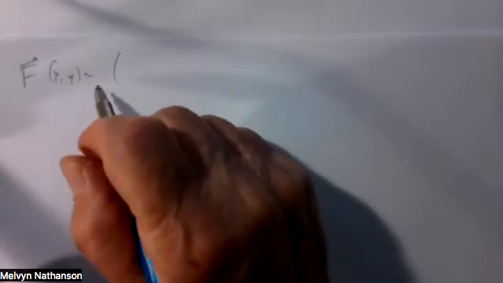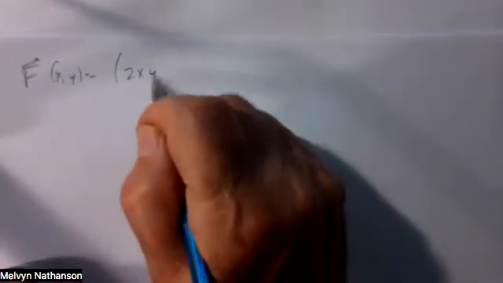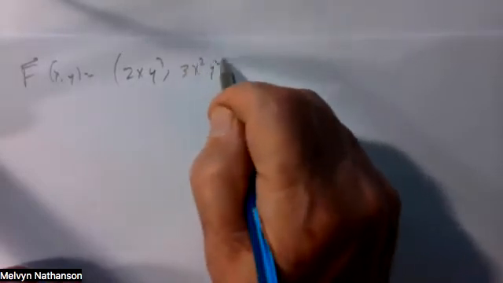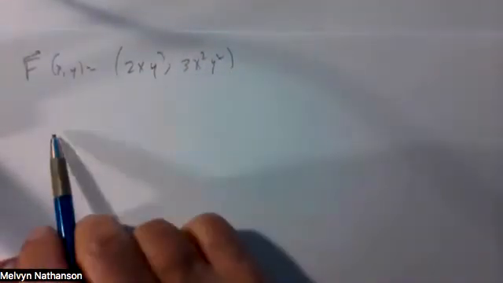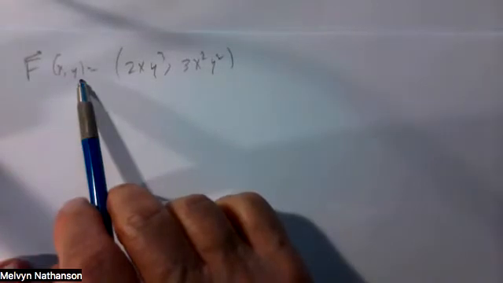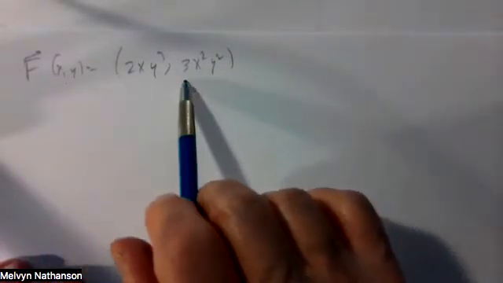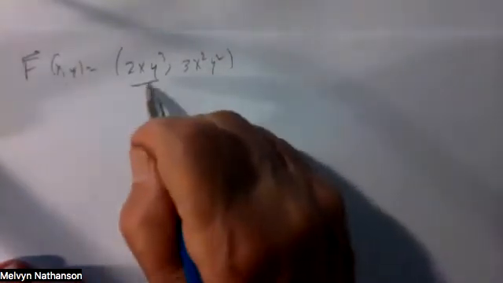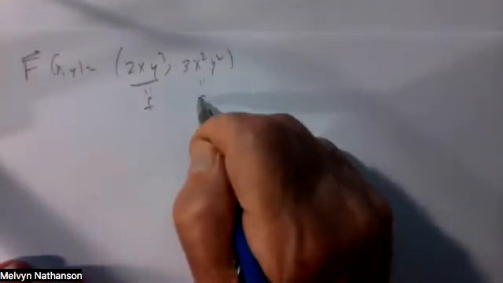Suppose I have a vector field F, and at x, y, it's equal to, let's say, 2x y cubed and 3x squared y squared. So this is a vector field. For every pair of numbers, or for every vector x, y, we have a vector given by this. So this is my function f, this is my function g.